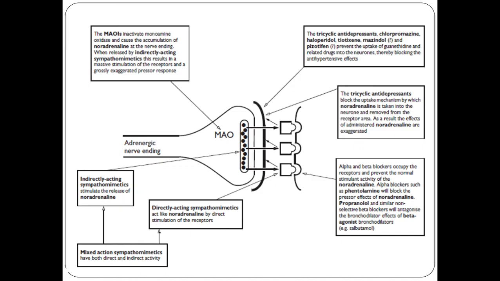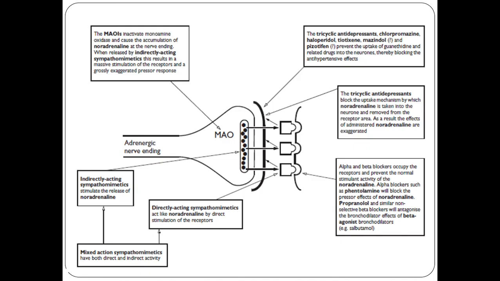When challenged by indirectly acting sympathomimetics, this results in a massive stimulation of the receptors and a grossly exaggerated pressor response. Tricyclic antidepressants, chlorpromazine, haloperidol, thiothixene and pizotifen prevent the uptake of guanethidine and related drugs into the neurons, thereby blocking the antihypertensive effects. The tricyclic antidepressants block the uptake mechanism by which noradrenaline is taken into the neuron and removed from the receptor area. As a result, the effects of administered noradrenaline are exaggerated.